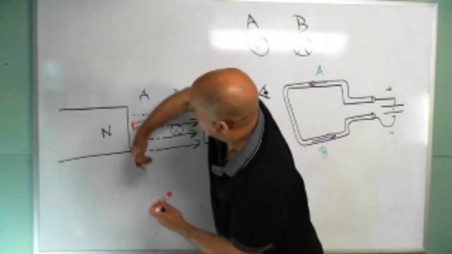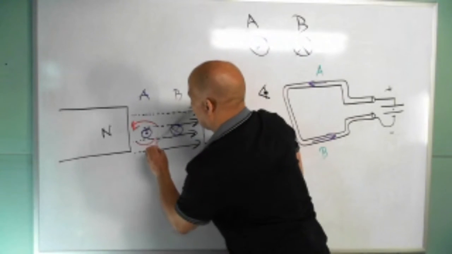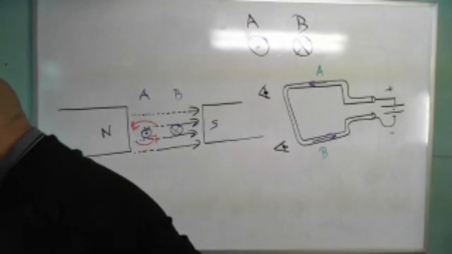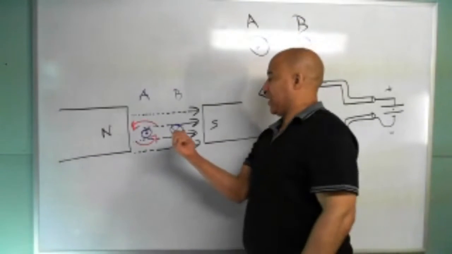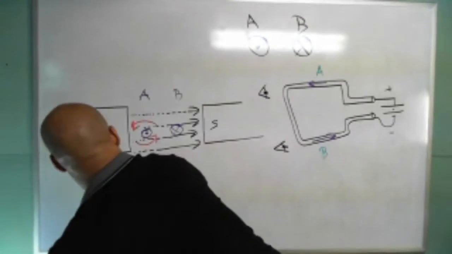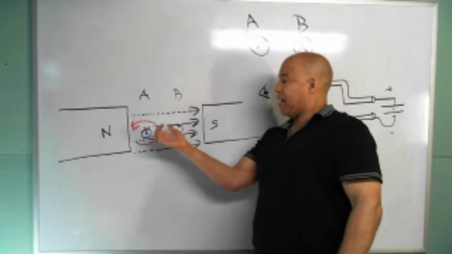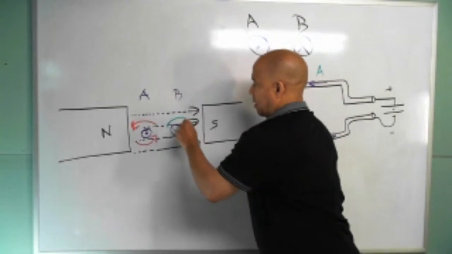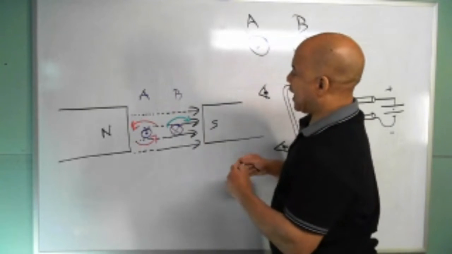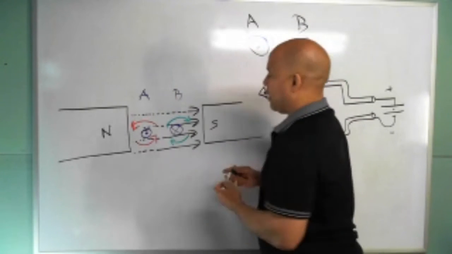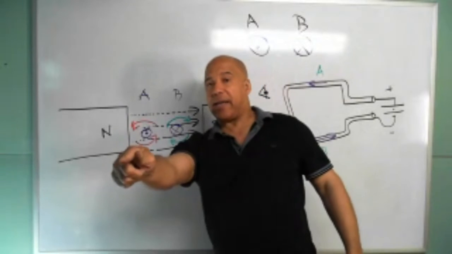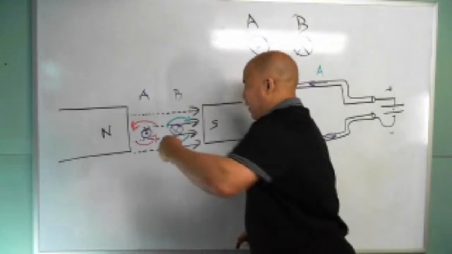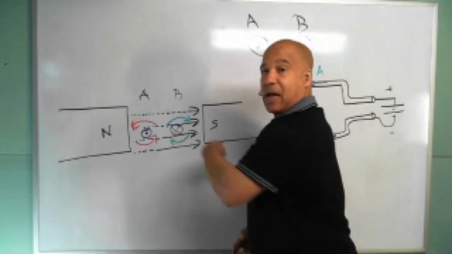And on the bottom, the flux is going like this, using the right-hand rule. If I do the same thing for conductor B, this time the current is going into the board, like that. So on the top, it looks like the arrow is this way. And on the bottom, of course, is the opposite way. So since the current is coming this way in conductor A, the flux is rotating counterclockwise. It's going this way in conductor B, it's rotating clockwise.